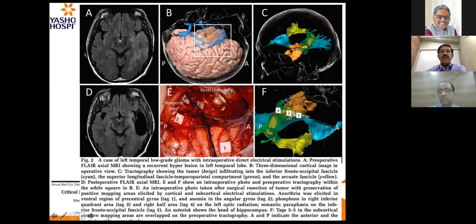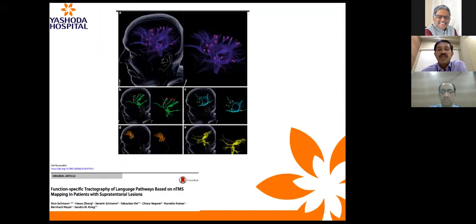So white matter tract preservation has become the current standard of care, not just preserving the cortical surface or the nerves. Now, I showed you transcranial magnetic stimulation. These were the points as given by transcranial magnetic stimulation. You can extrapolate these points by fiber tracking. So this is transcranial function-specific tractography based on neuro-navigated transcranial magnetic stimulation.